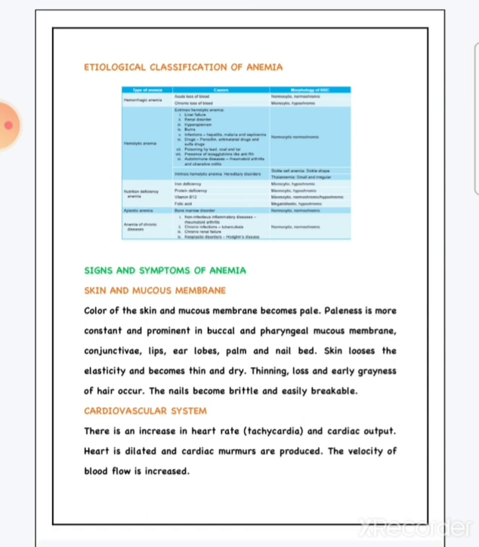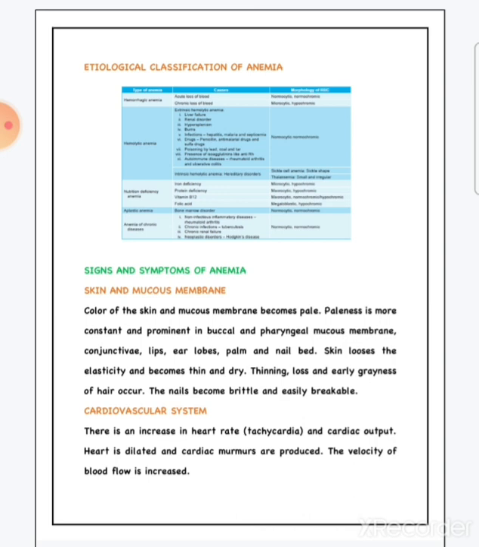The paleness is more constant and prominent in buccal and pharyngeal mucous membrane, conjunctiva, lips, ear lobes, palm and nail beds. Skin loses the elasticity and becomes thin and dry.